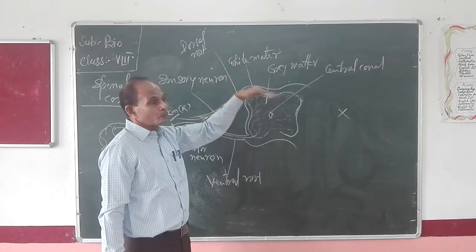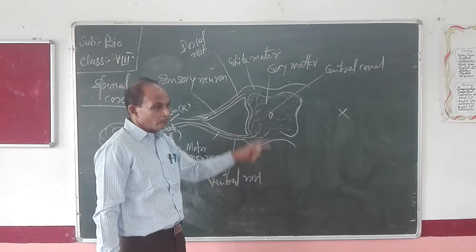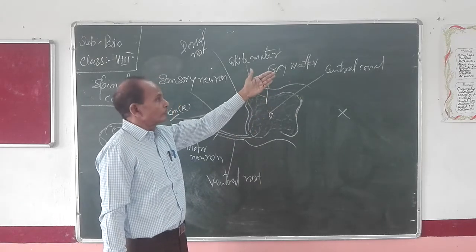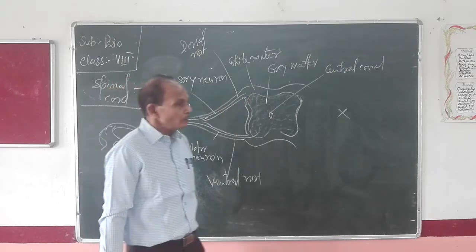Grey matter was towards the periphery and white matter towards the center. But in the medulla oblongata and spinal cord, the position is reversed: grey matter is towards the center and white matter is towards the periphery.